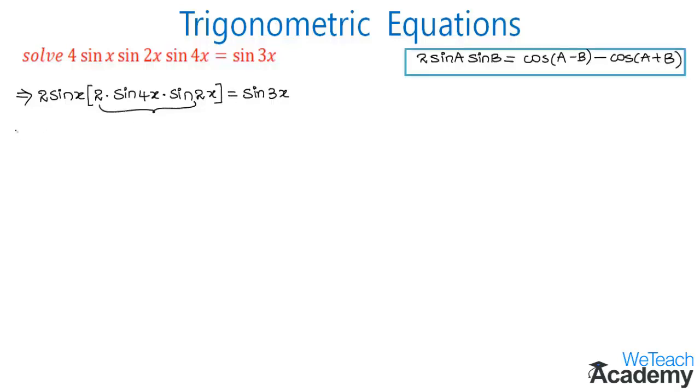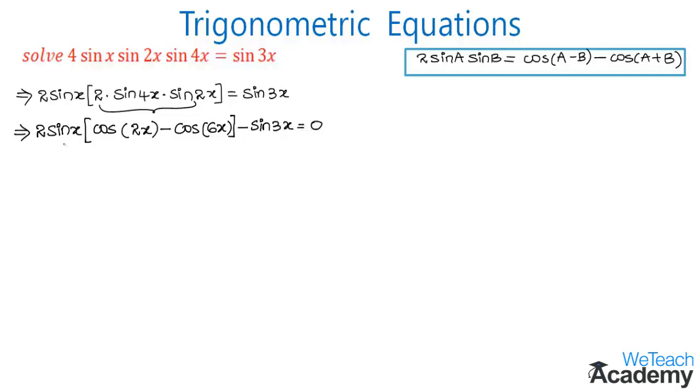So by using that formula over here, we get 2 sin x into cos a minus b, that is 4x minus 2x is 2x, minus cos a plus b, which is cos 4x plus 2x, that is 6x. And then transferring sin x to the left hand side, we get minus sin 3x is equal to 0.